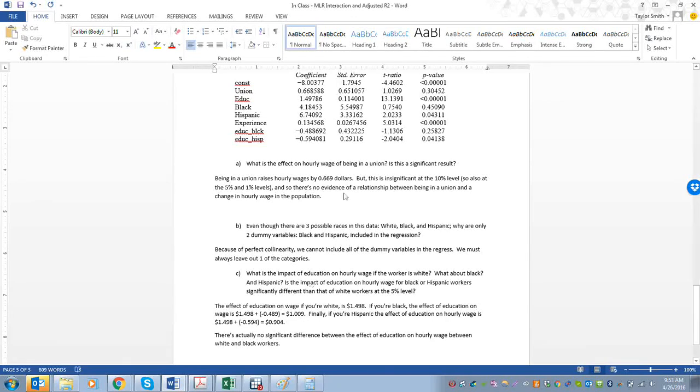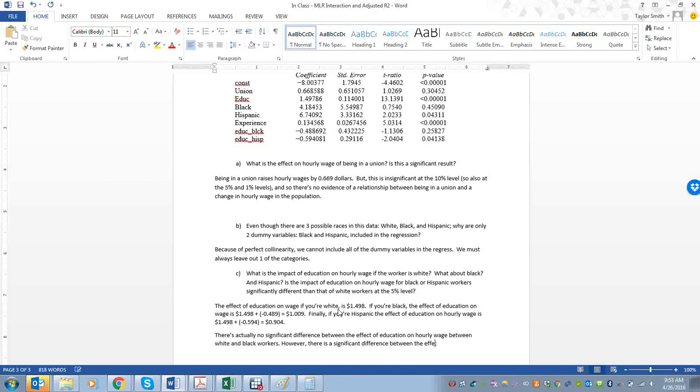So while it's showing a difference in the coefficient, there's not enough evidence to say that actually exists in the population. Okay?